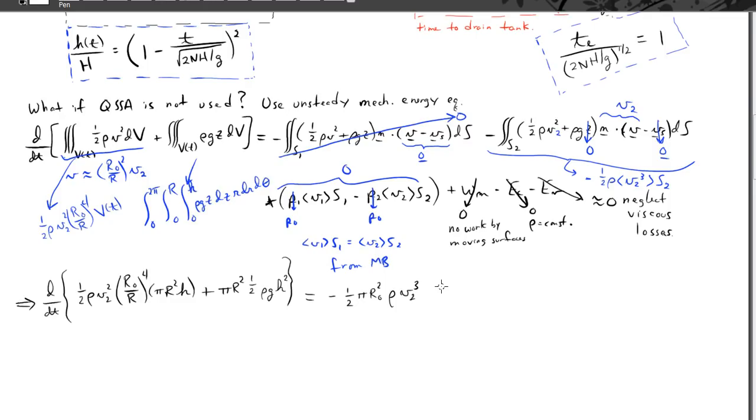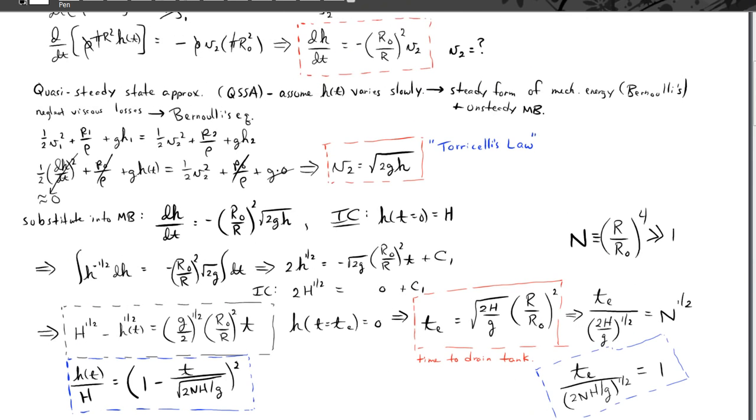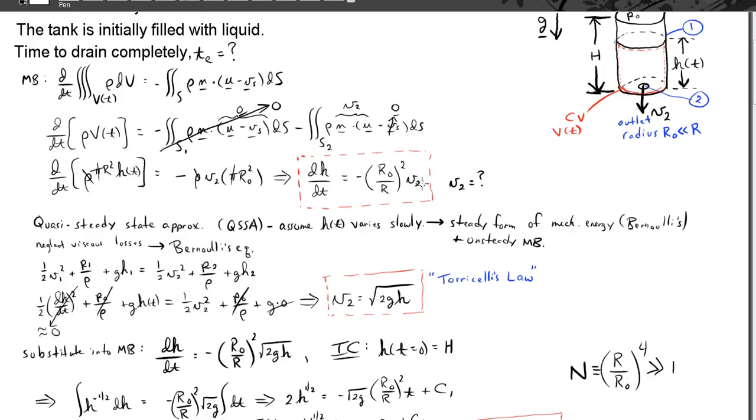So now we can combine this with the mass balance. In other words, we can go back up to our unsteady mass balance, and we can substitute for V2. V2 will be minus R over R naught squared times dH/dt from our mass balance. So we're not going to use Torricelli's law, because that was based on the steady form of Bernoulli's equation. The mechanical energy equation we're deriving now provides an alternative to that.